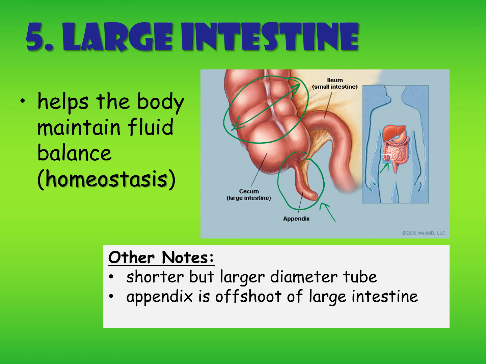People maybe start having pain in their abdomen, and this thing has become swollen with bacteria or other things. And the threat is that you don't want it to burst. If it bursts, that stuff would go into your bloodstream, and we don't want that to happen. So often, if they suspect you're having appendicitis, they will take that out.